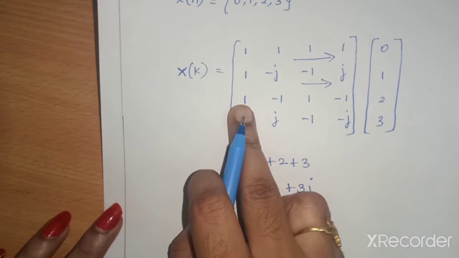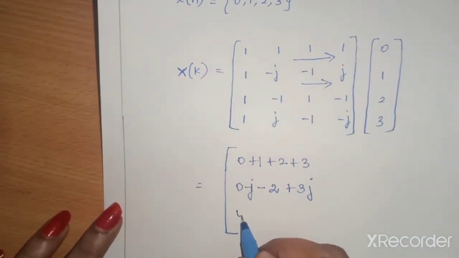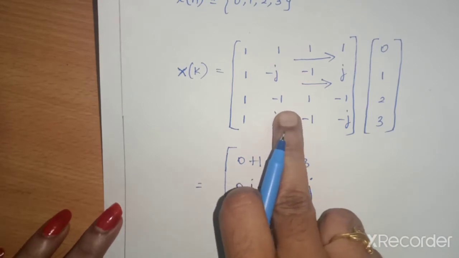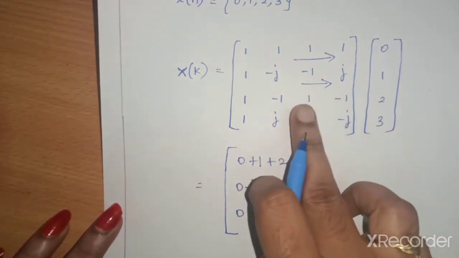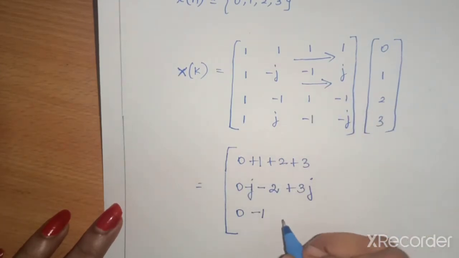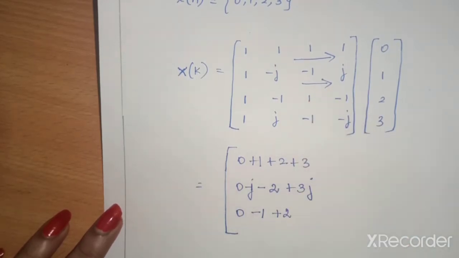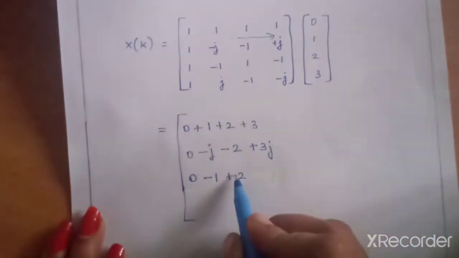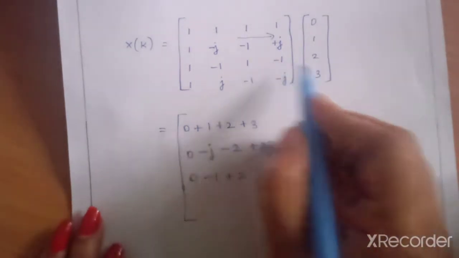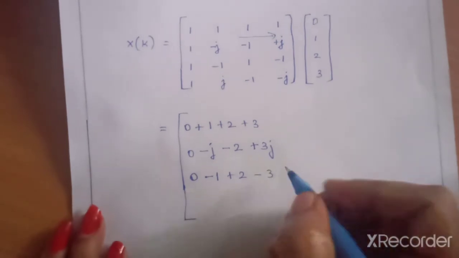Next we have the third row with the column. So 1 into 0, 0. Then minus 1 into 1, minus 1. Then 1 into 2, plus 2. Then minus 1 into 3, minus 3.